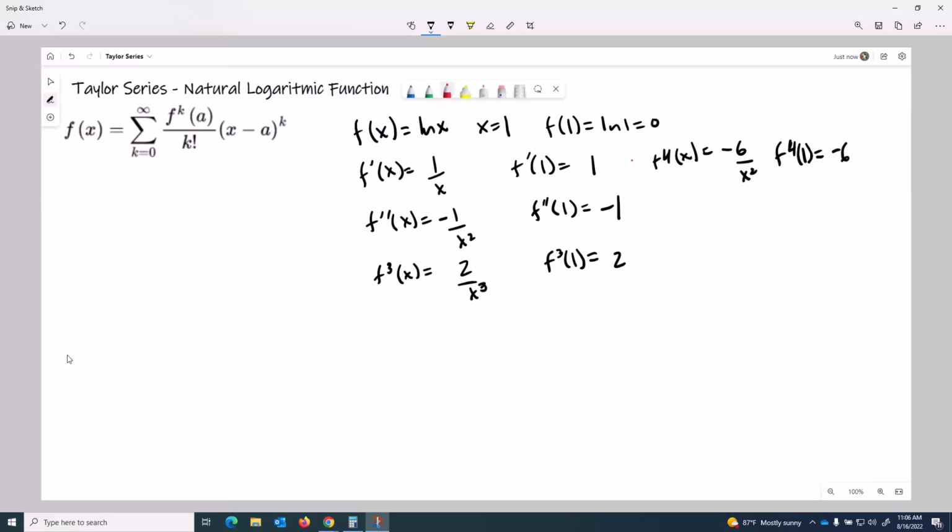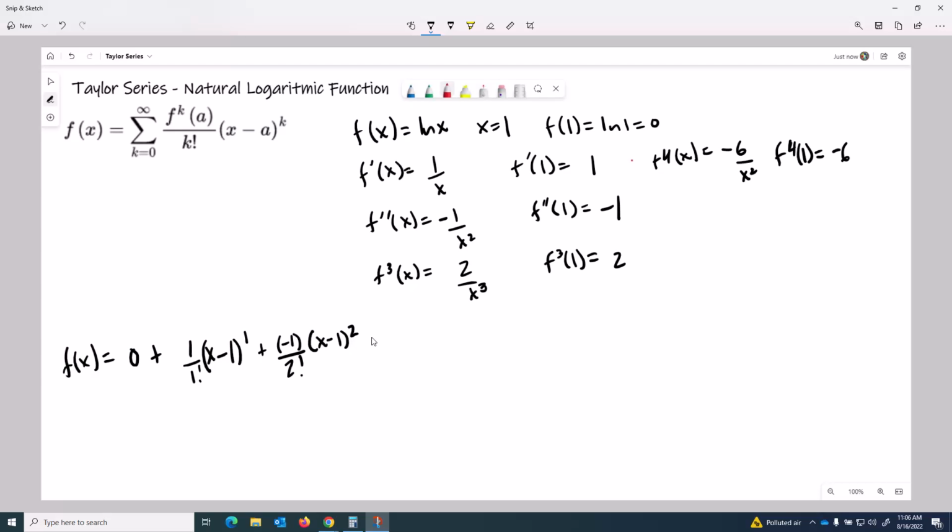I basically need to plug this into my equation where f of x is equal to the first value, which is 0, plus the second value, which is 1 divided by 1 factorial, times x minus 1 to the first power, plus the next value, negative 1 divided by 2 factorial, times x minus 1 to the second power.